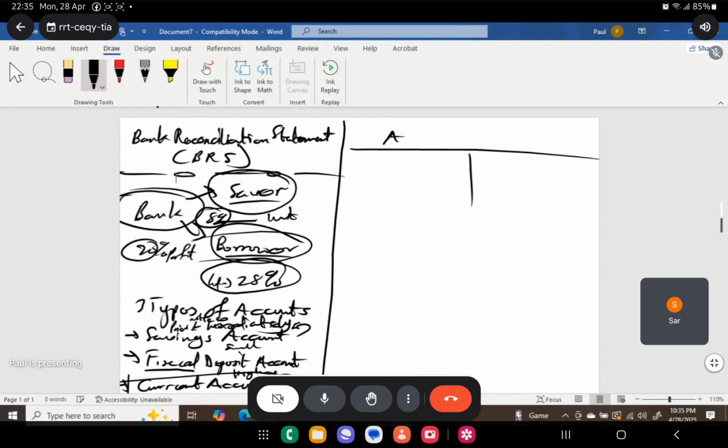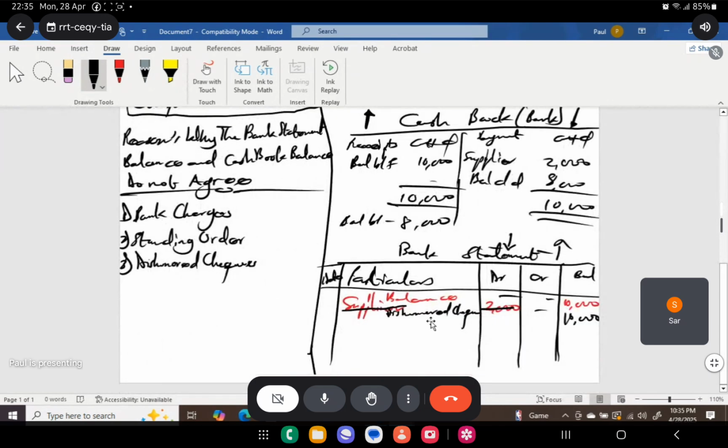Okay, so adjusted cash book. You bring the balance as per cash book. So it's 8,000, right? 8,000. Now you know that we made a payment to a supplier. This is the payment. We've made it already.